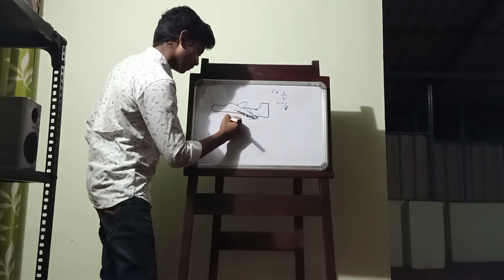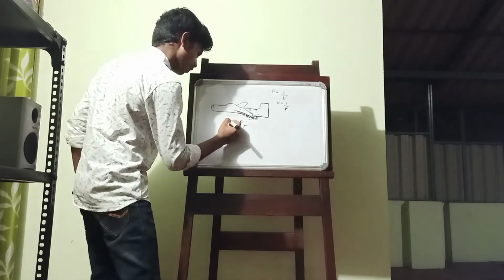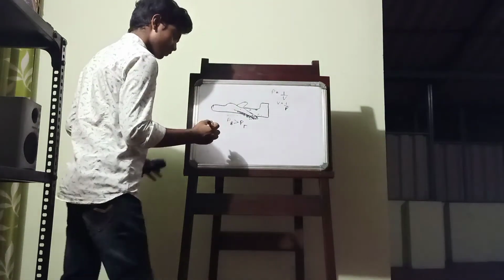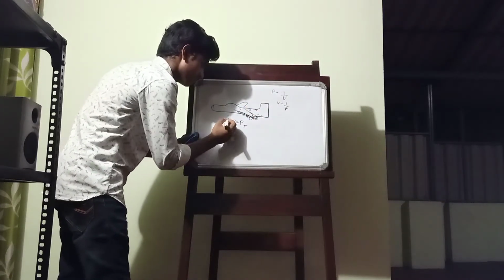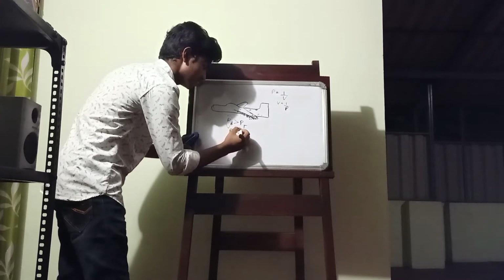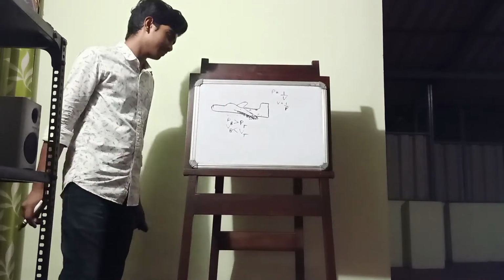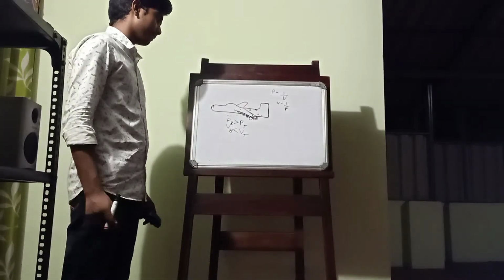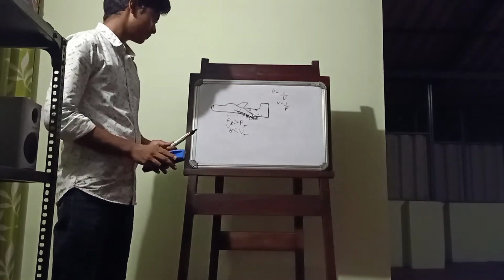So the pressure on the bottom part is greater than the pressure on the top part. Because there is an inverse relation between pressure and velocity, the velocity on the bottom part is less than the velocity on the top part. And that's it. Okay. I think you got what I said here.